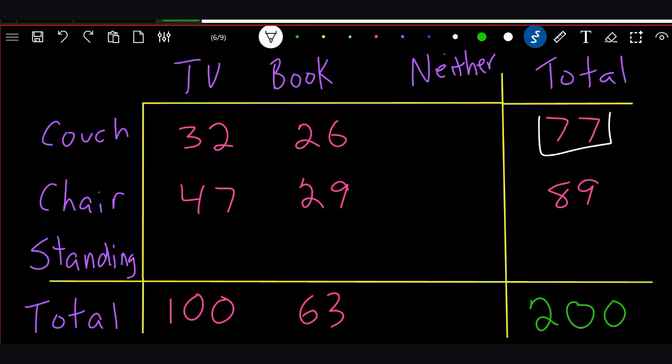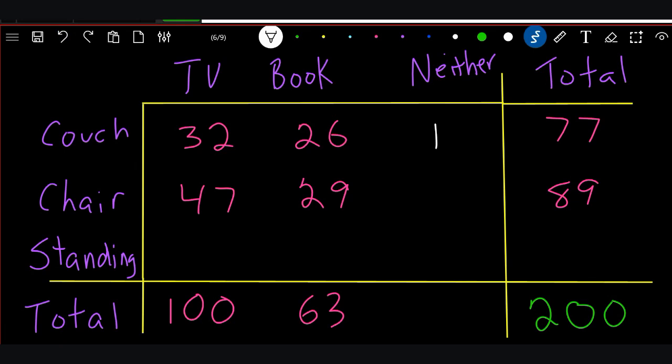So in other words, we had 77 total people. Go ahead and turn the page, by the way, 515 in your book. So we had 77 total. So if we take 32 plus 26 and we subtract it from 77, that's going to tell us how many people did neither one. Okay?